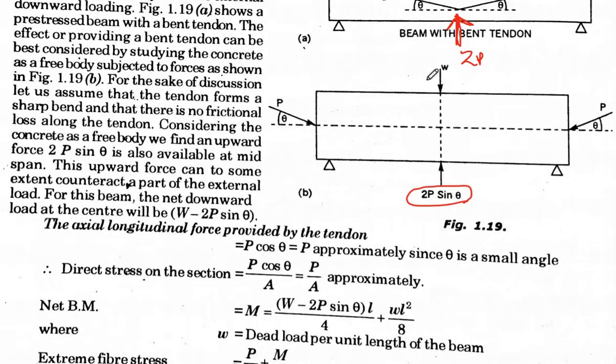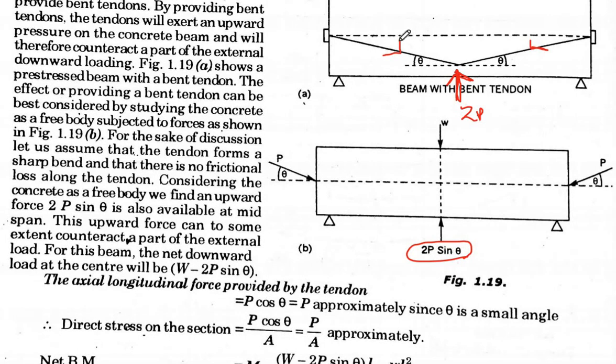Because the vertical component was P sine theta on both sides, we got 2P sine theta, and these are the longitudinal components provided by the tendons.